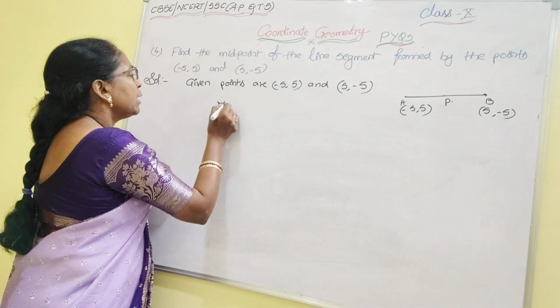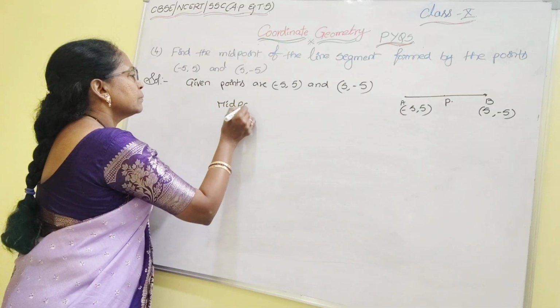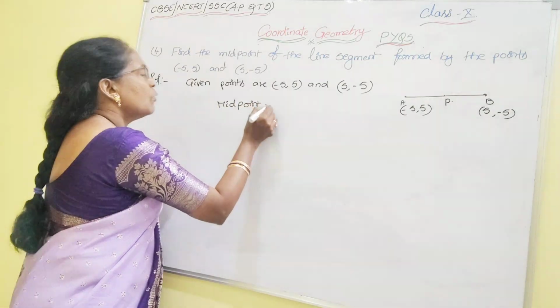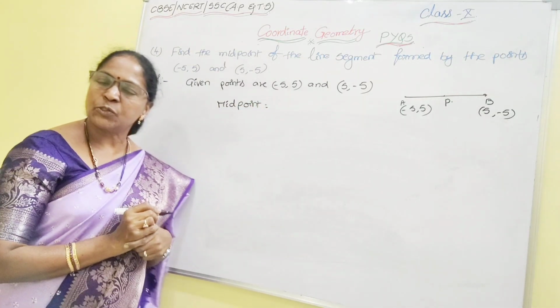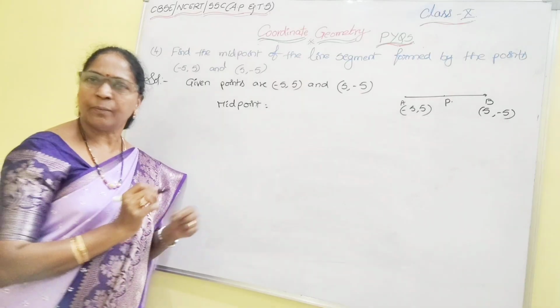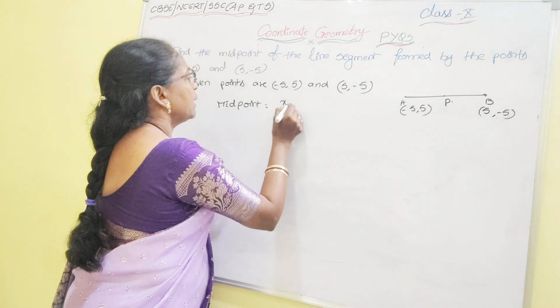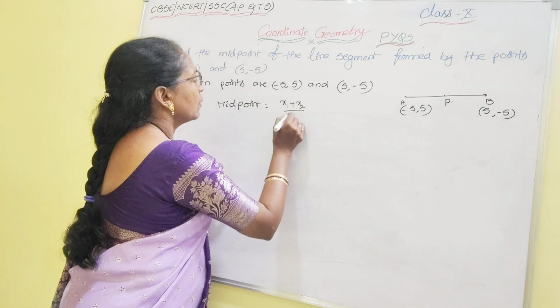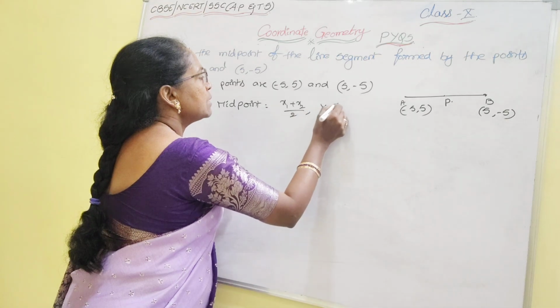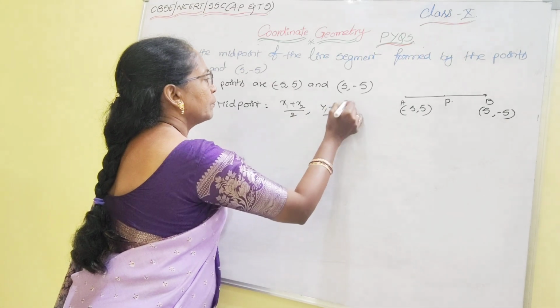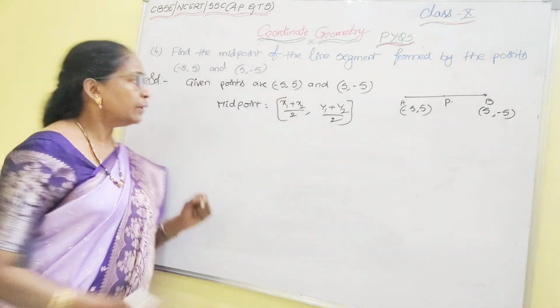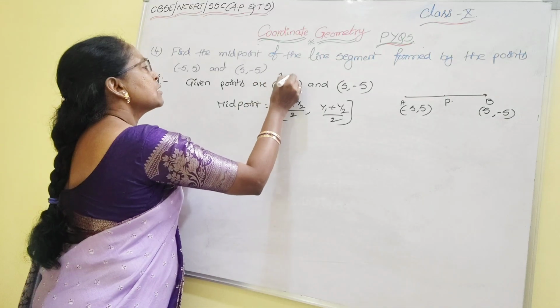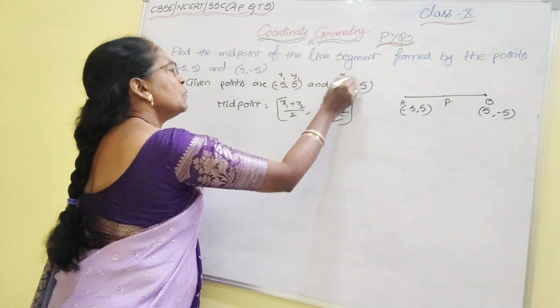So midpoint equal to, what is the formula? x1 plus x2 by 2 comma y1 plus y2 by 2. Write the formula first. Now here represent x1 y1, x2 y2.